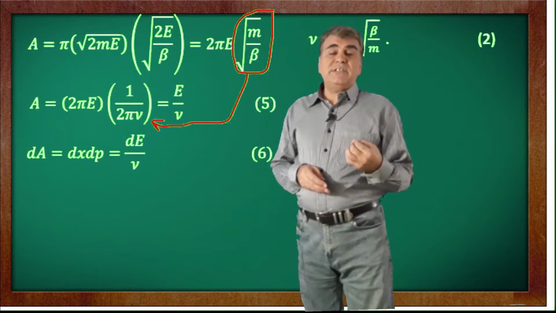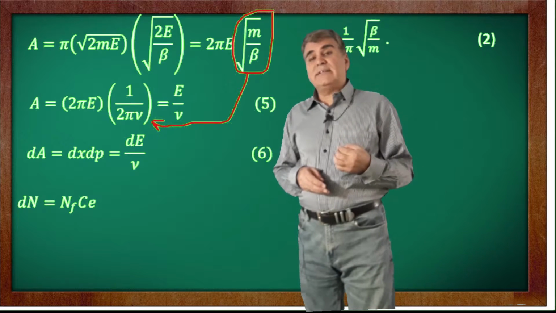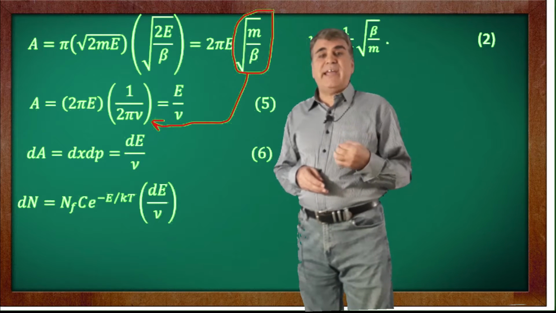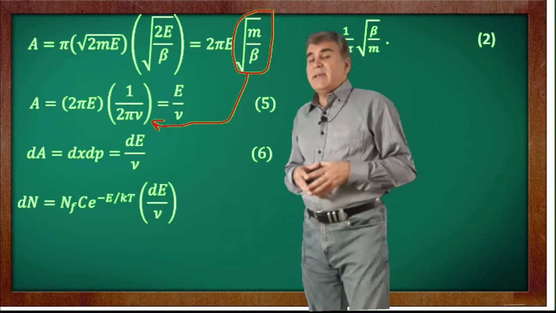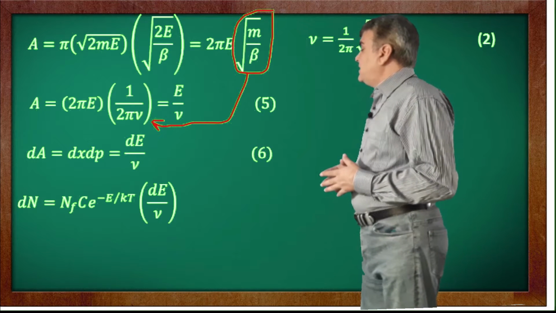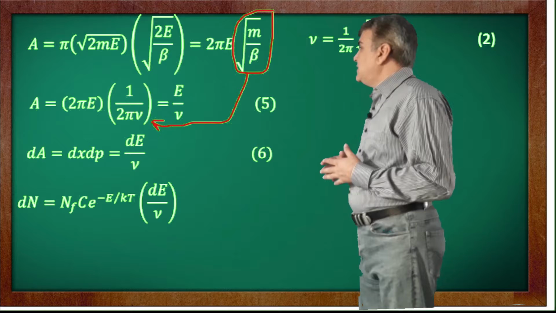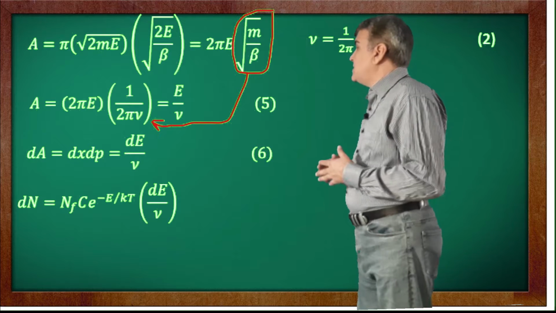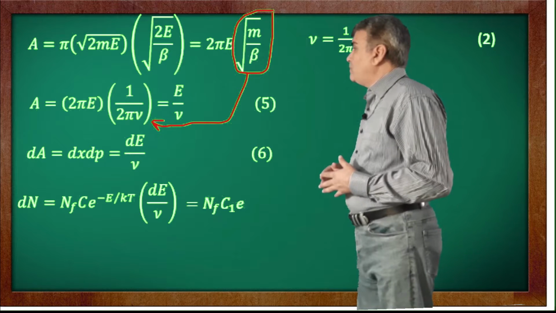Now equation 3 for the differential number of oscillators, with the help of equation 6, can be expressed as dn equals n sub f times c times exponent minus E over kT times dE divided by nu.